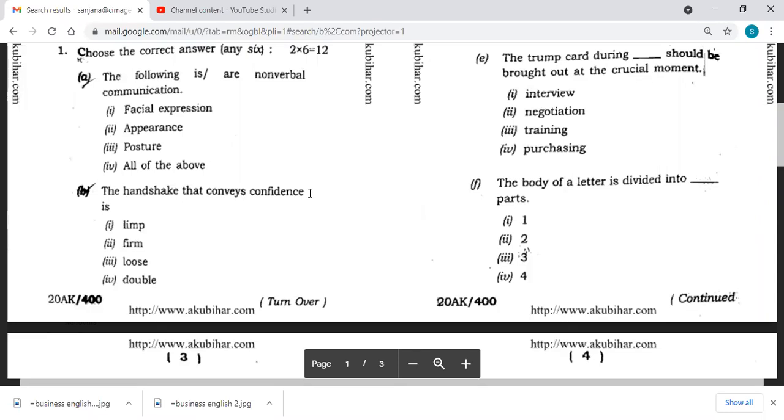So what type of handshake shows that you are confident? Limp, firm, loose, or double? Now body language is a vast chapter in which all this is detailed. What is the meaning of limp?